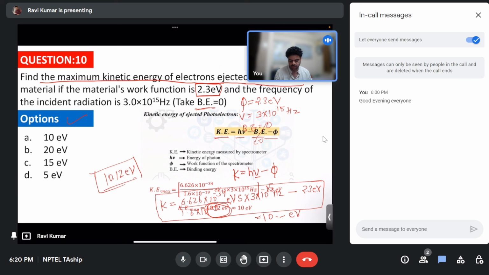So among these options, 10 electron volt will be the answer here. Accurately it is 10.12, but based on the options we can say it is approximately 10. So the answer for this question will be A.